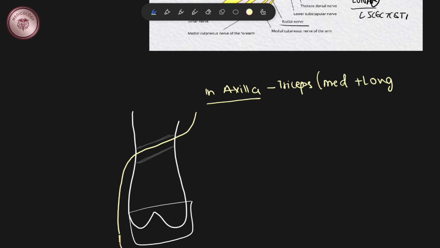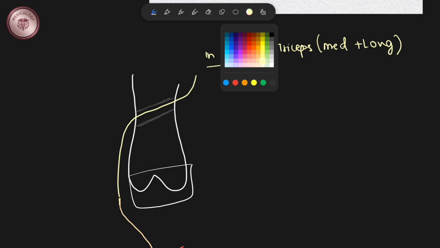Now before entering the spiral groove, we have one triangular space, so it will enter through that.